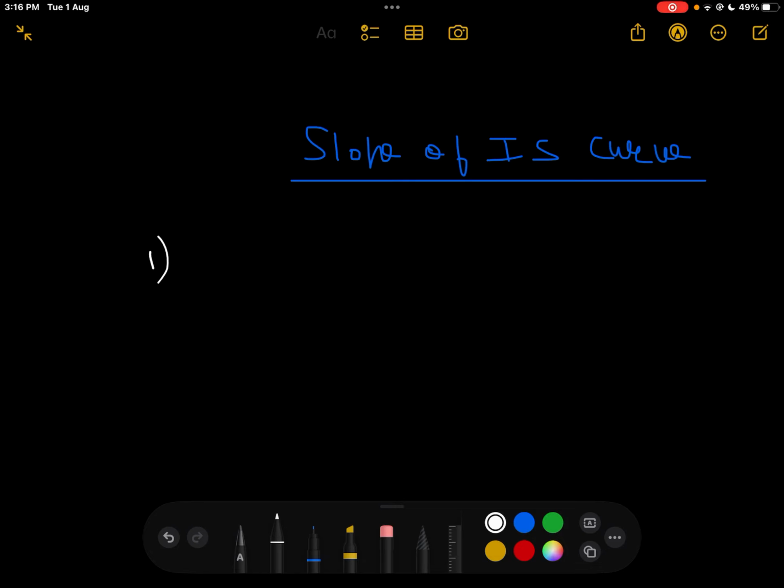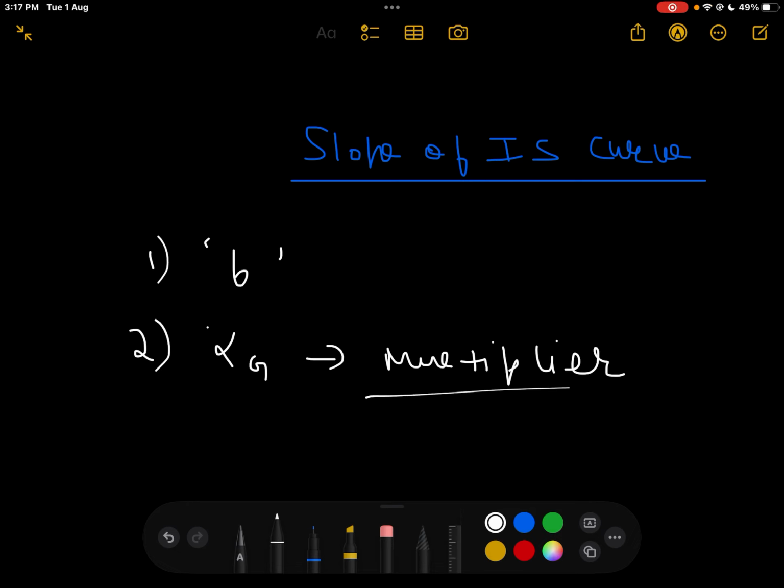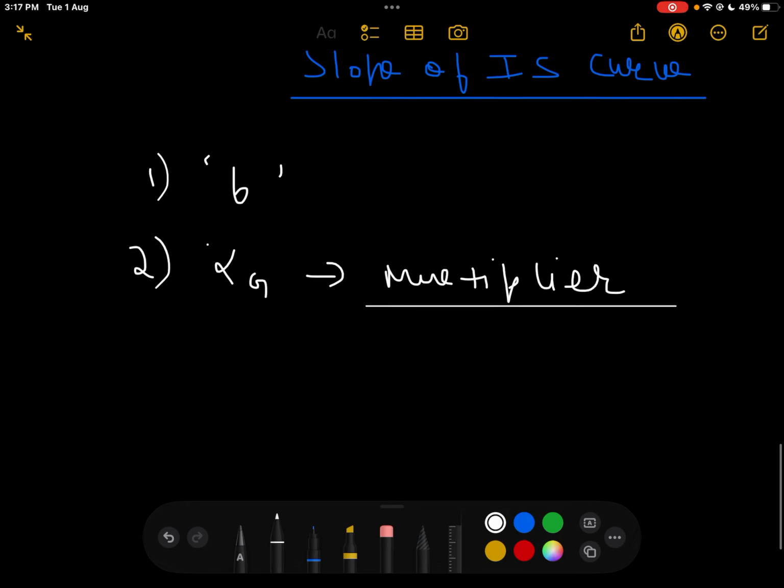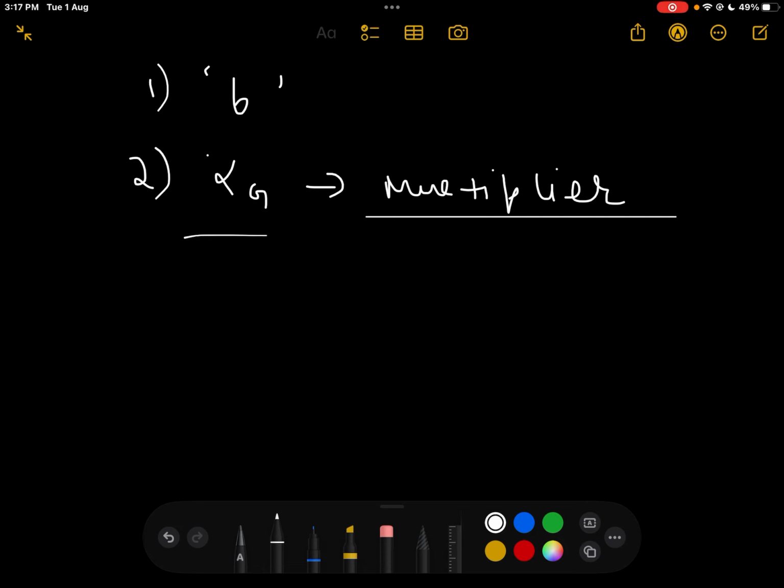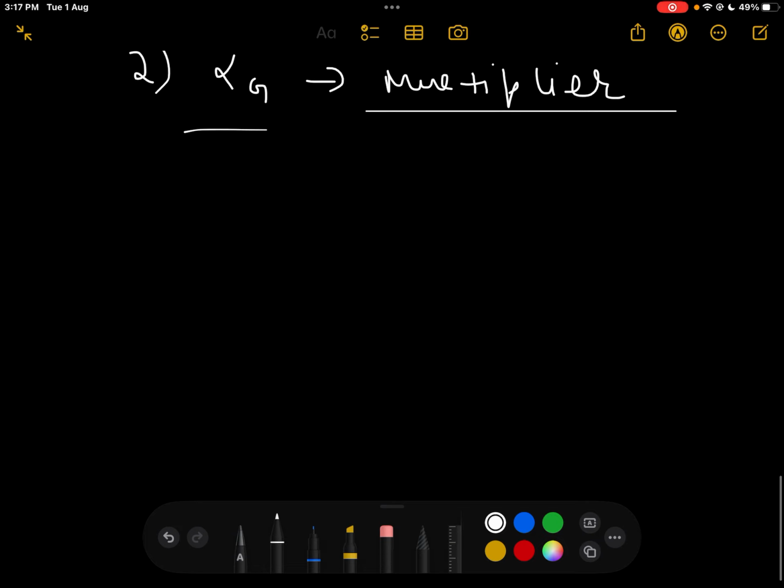First, it depends upon B, which is the responsiveness of investment to the rate of interest, and secondly it depends upon our alpha G, which is the multiplier. So let us first understand alpha G, because it is more complex than B.